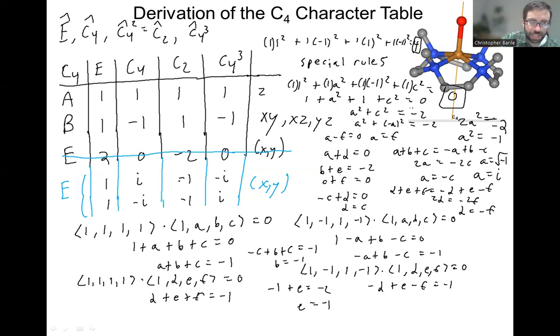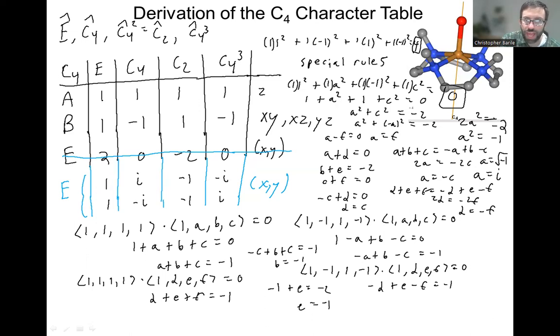And it's good to just check this to make sure it makes sense. Look, 1 plus 1 equals 2, i plus -i equals 0, -1 plus -1 equals -2, and -i plus i equals 0. And all these orthogonality rules and the special rule number 5 for these individual components will still be true. You can test this: let's say you could call this first component 1, comma, i, comma, -1, comma, -i.